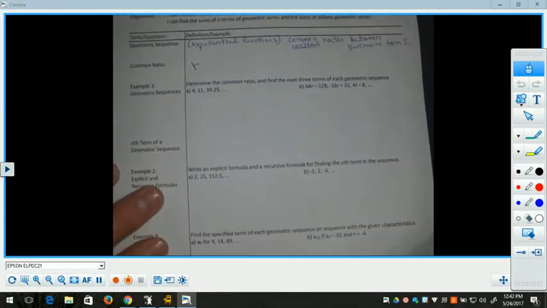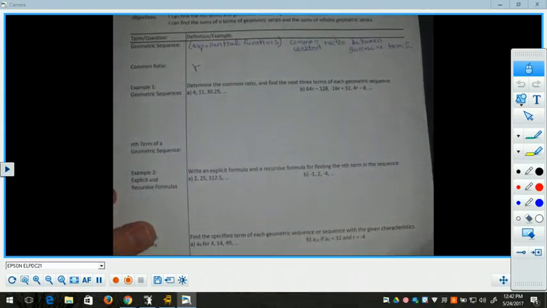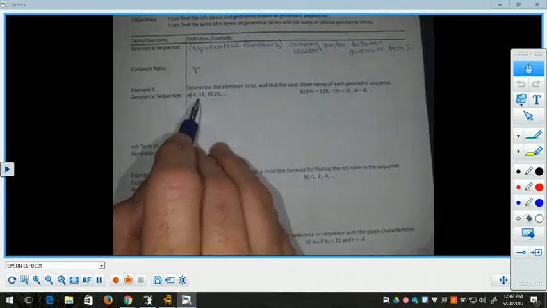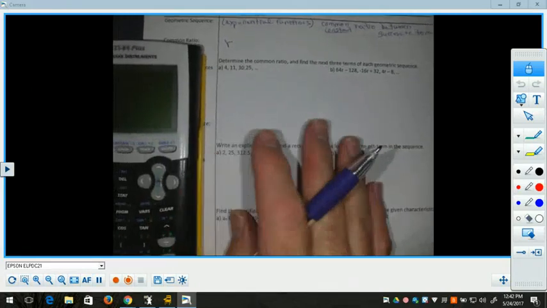Determining the common ratio and finding the next three terms of the geometric sequence. So we're just going to use the recursive pattern. If it's a geometric sequence, the recursive formula is to just follow how you get from one term to the next. We'll formalize that formula in a minute. But to figure out the constant ratio, I need to divide a term by its previous term.